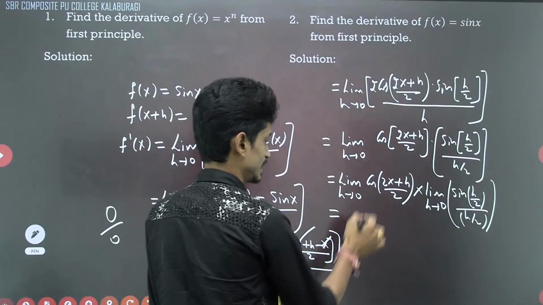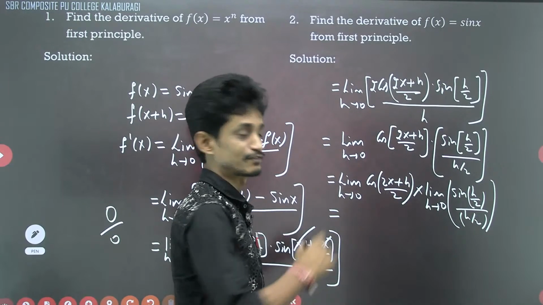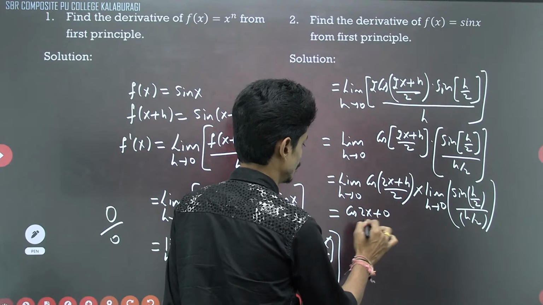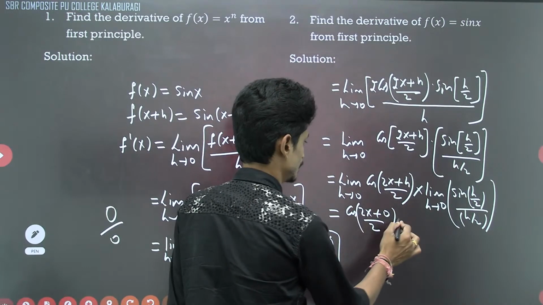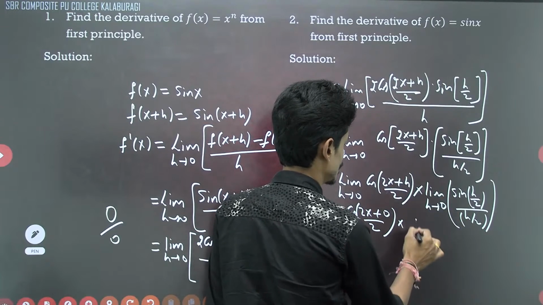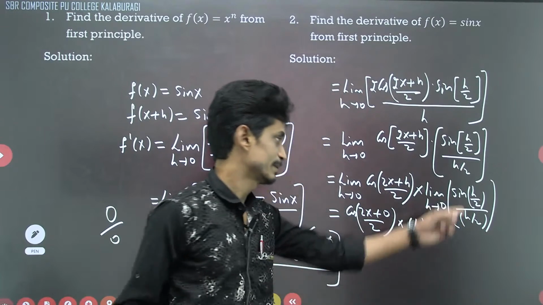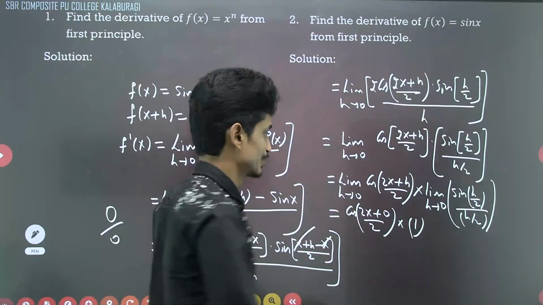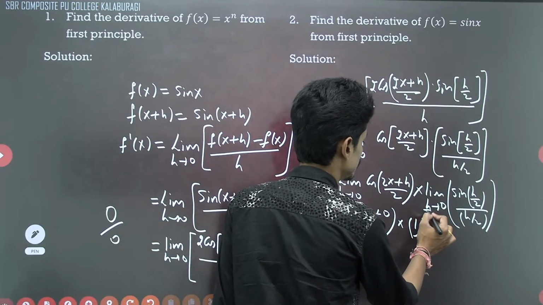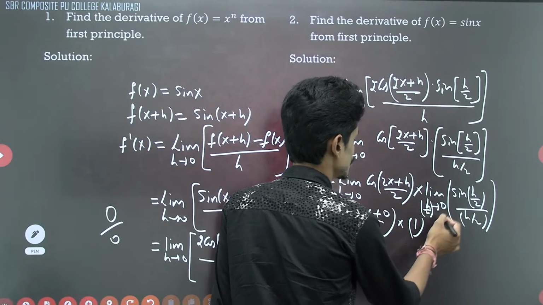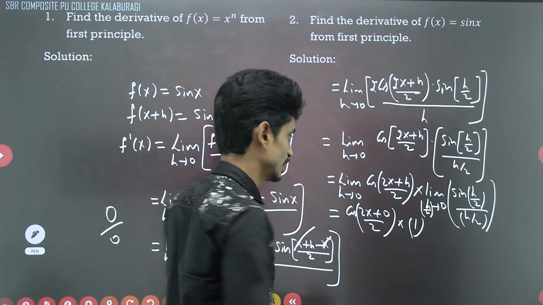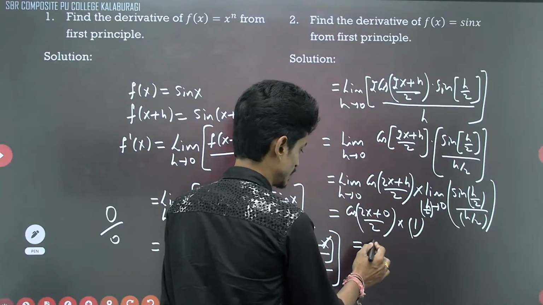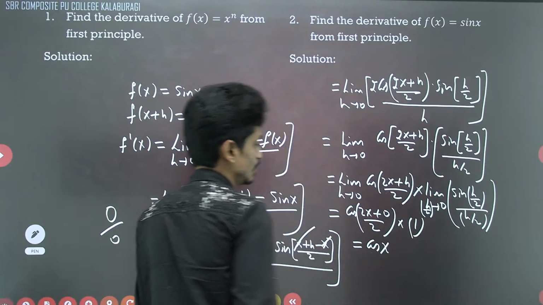Now we can apply this because it is totally free from indeterminate form. That is cos of (2x plus 0) divided by 2 into, this value should be considered to be 1, limit of sin x divided by x as x tending to 0. Or you can also divide by h by 2. 0 divided by 2 will be 0, h by 2 also tending to 0. The answer will be 2 and 2 cancel. It will be cos x.